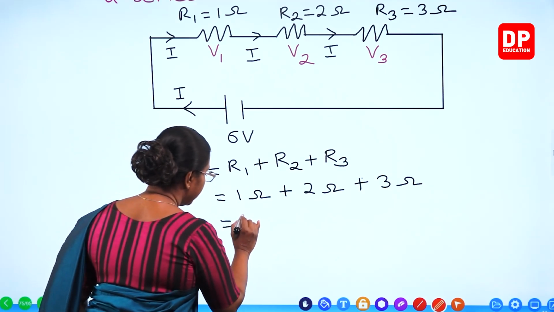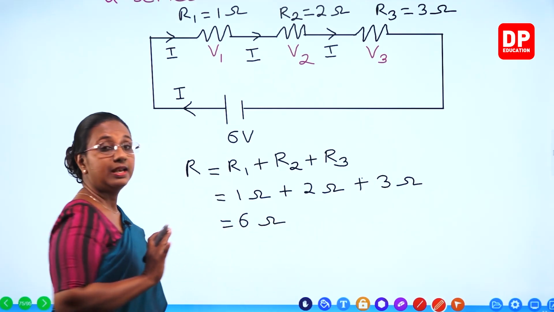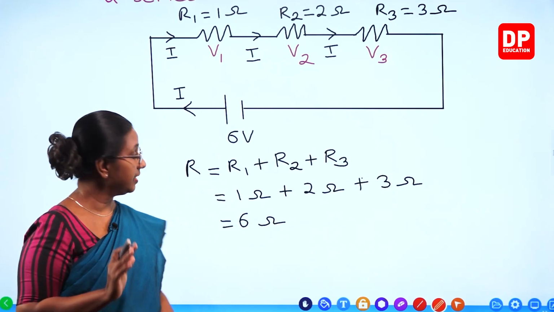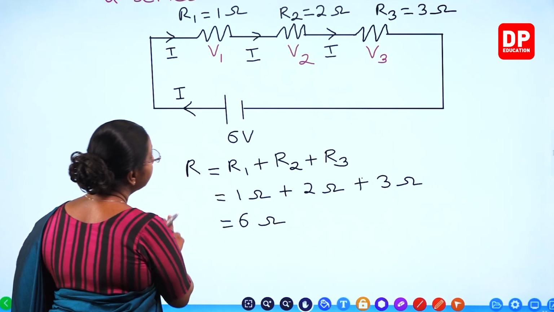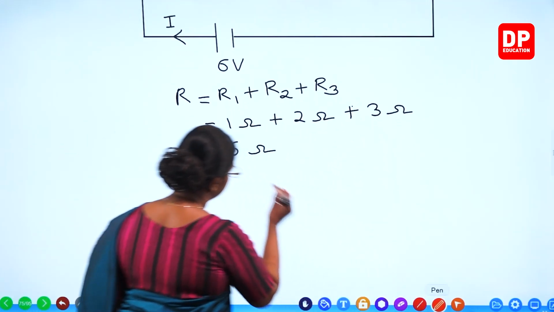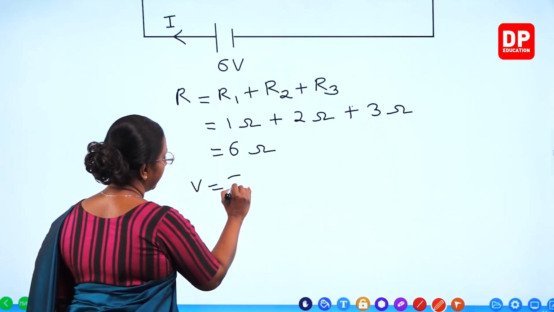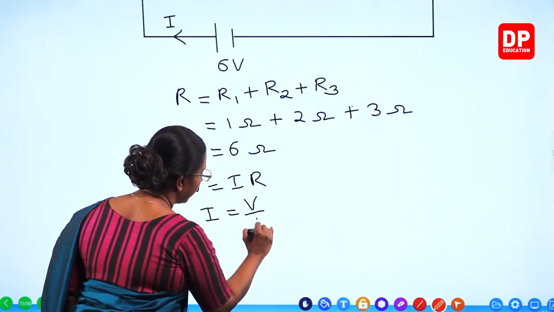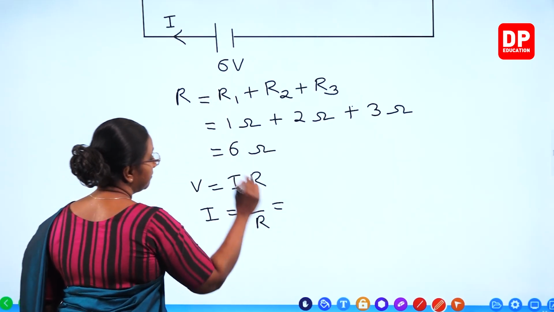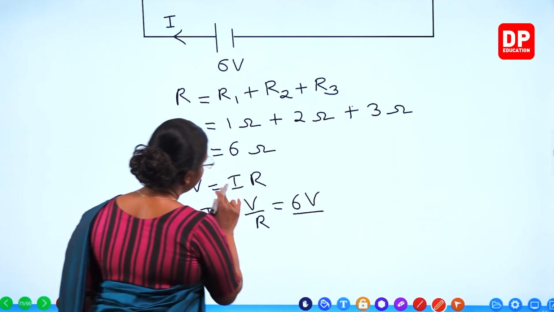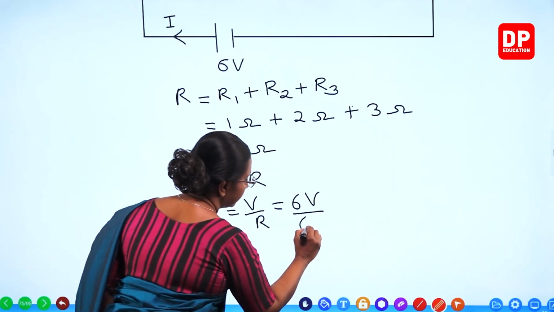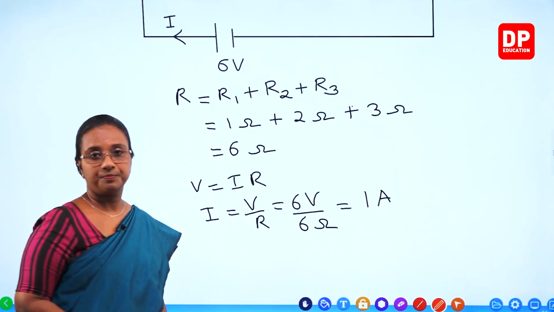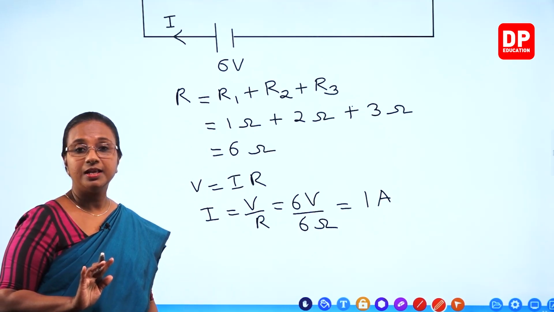So it is 6 ohm. Like earlier, the equivalent resistance is the same, 6 ohms. So what is the current flow? V equals IR. From that we get I equals V over R. So potential difference 6 volts divided by equivalent resistance 6 ohm. So 1 ampere current. Is that okay?